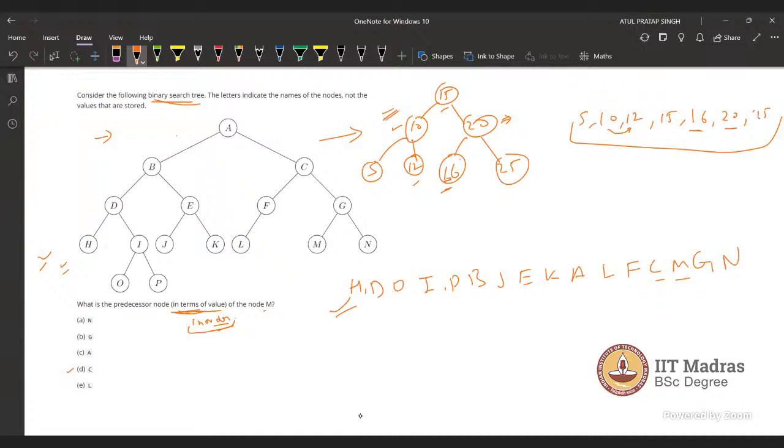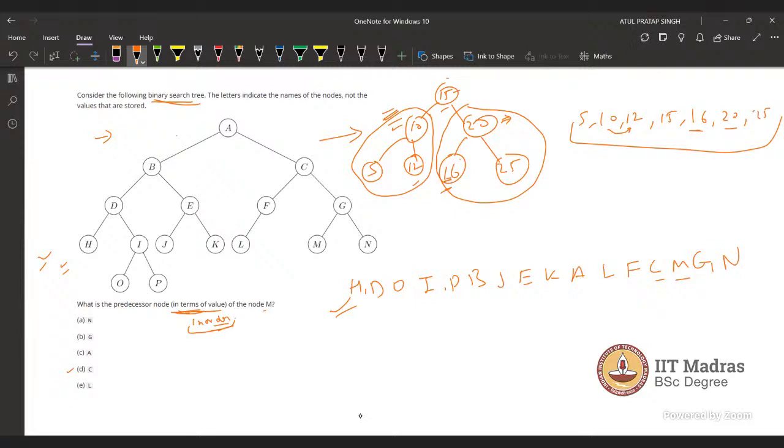This is a binary search tree, so to maintain the order it should be greater than 15. This is the property of a binary search tree. Every value of the right subtree should be greater than this 15, and every value of the left subtree should be less than this 15. This rule applies on every node in a binary search tree.